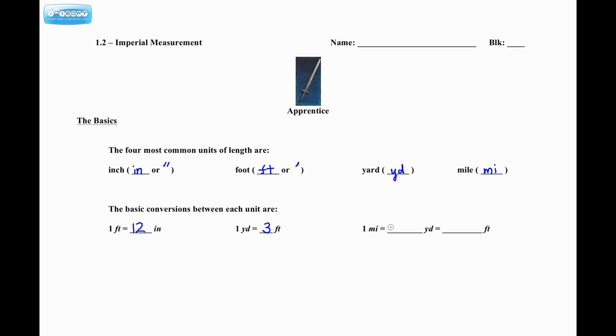Well, this is when the numbers start getting really ugly. 1 mile is 1,760 yards, which is also equivalent to 5,280 feet. There's the imperial system for you.